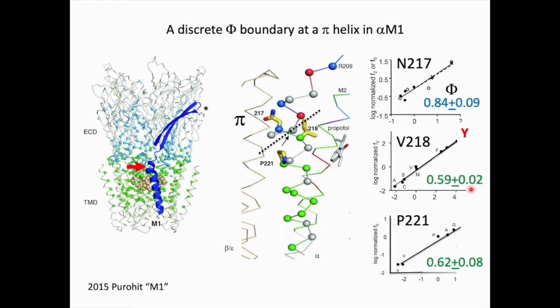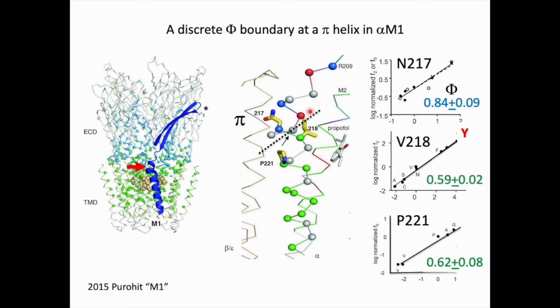But you see that it has a phi value of 0.59, and the proline, which is what breaks the hydrogen bonding, is also green, a phi of 0.62. So it's unremarkable. The proline itself is unremarkable with regard to phi. But it does cause the pi helix. So this pi helix is very important. It represents a very discrete boundary between phi blocks.